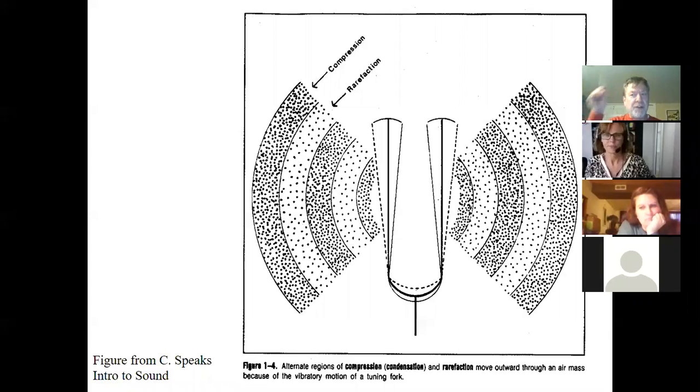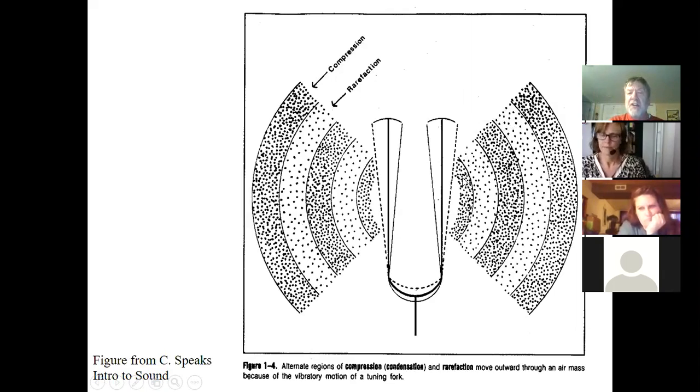And when you ding a tuning fork, the tines, or the forks, are wiggling back and forth really quickly. And when they're wiggling, what you're seeing here, can you see my little cursor when I move it across here? Yeah.